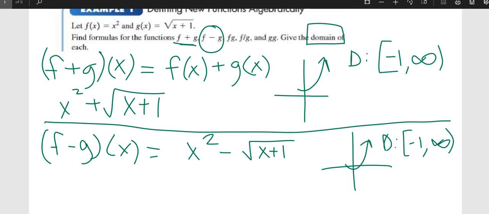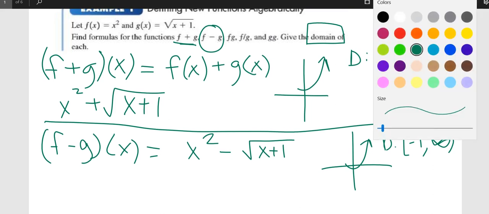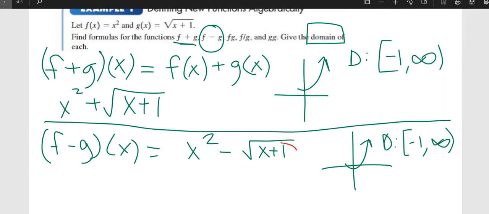It includes. Oh, by the way, for those of you wondering where this magic -1 is coming from, what do you know about x plus 1? Remember, it's a radicand. It's that part under the radical. So what do we know about all the parts under a radical?